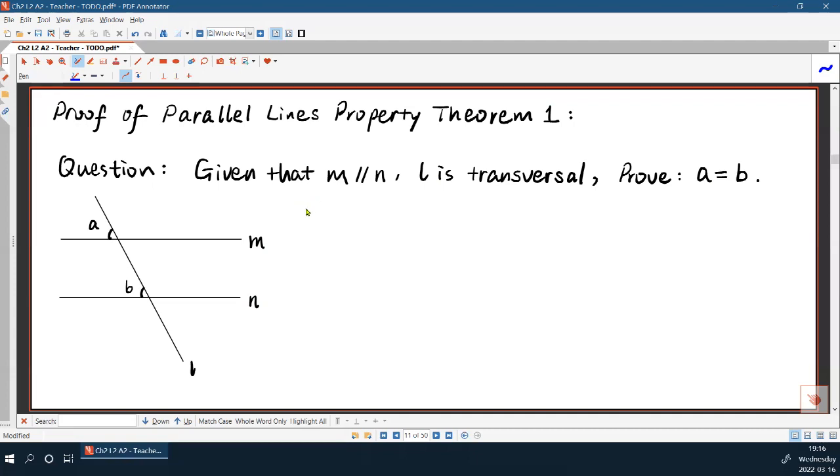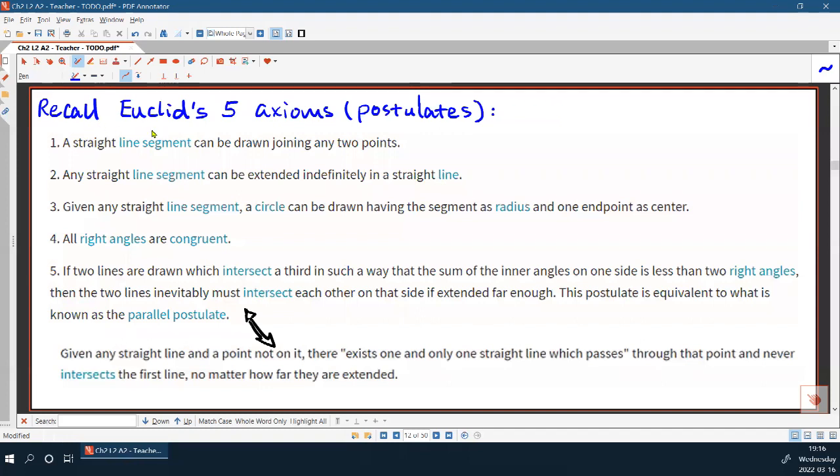Because so far we have not learned any theorems yet, right? Before we learn property theorem 1, we only learned Euclid's 5 axioms, right? Remember what is called an axiom or postulate? These are widely accepted facts, right?